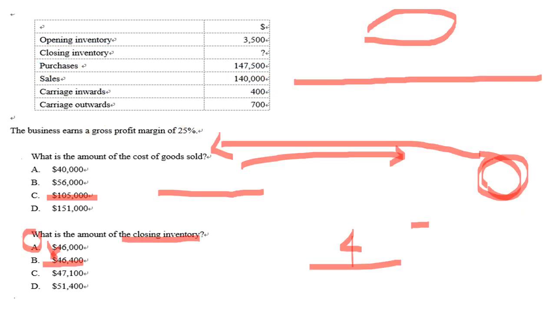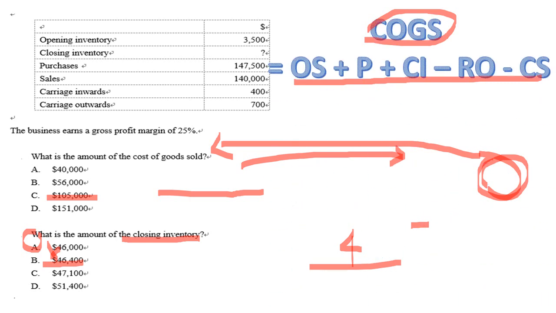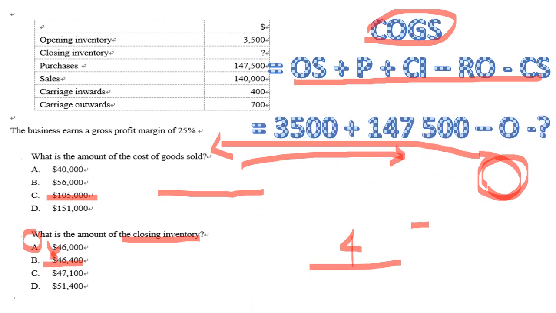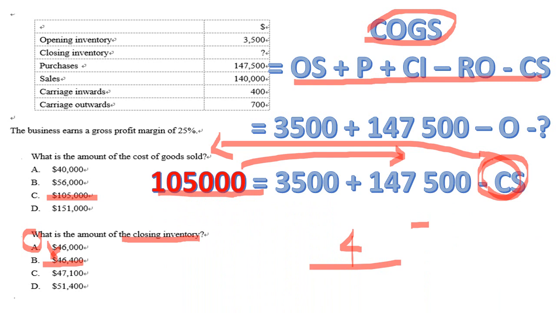For the second question, you are required to calculate the closing inventory. Coming back to the last equation, cost of goods sold is equal to this. We have already calculated this figure in the last question, 105,000.